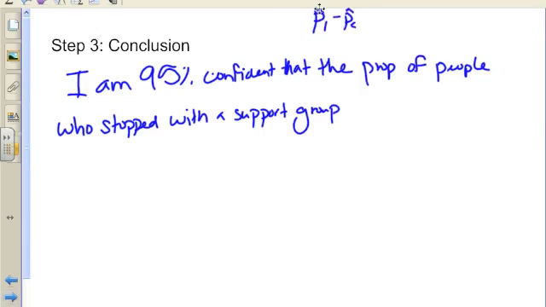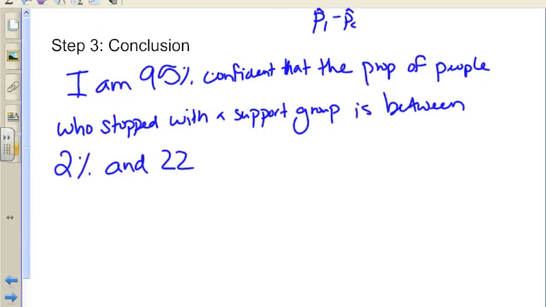So the proportion of people who stopped smoking with the support group is between, here's where my interval comes in, 2% and 22% higher. I'm rounding a little bit here. By the way, how do I know those are percents? Because I'm doing a proportion problem. Higher than what? Well, than the group 2 people, the proportion of people who stopped smoking without the group.